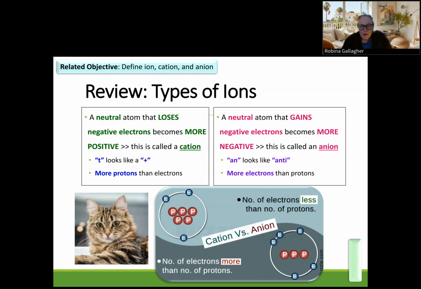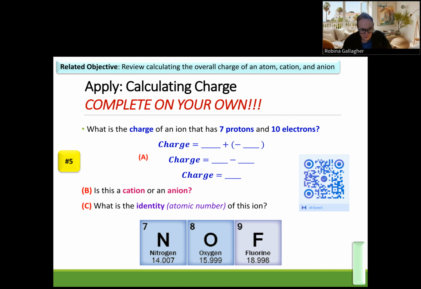And that reminds me that a cation is positive. Whereas atoms that gain electrons and become more negative are called anions.